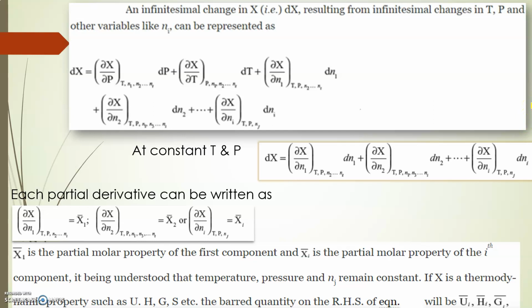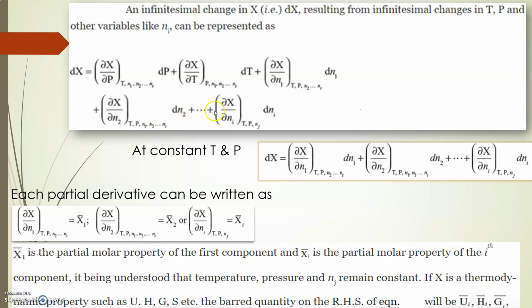Here you see, we have taken N1 to be variable, and the constants are from N2 up till Ni, and here, as you can see, it is dN1. Added to it is del X by del N2 at constant temperature, pressure, N1, where N2 is variable, so N3 up till Ni, here it is dN2.